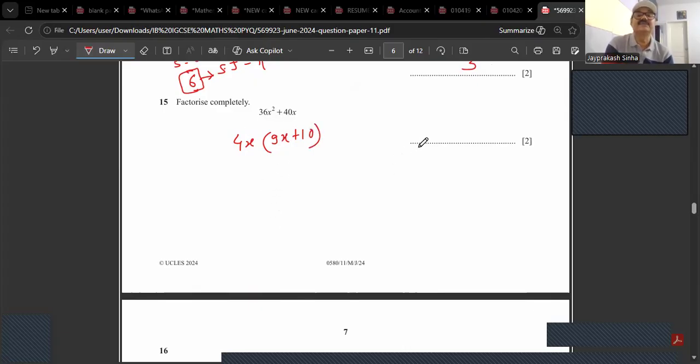So this is the factor. Factorize completely: 4x into 9x plus 10. When we multiply, we will get the same thing. 4x into 9x, 36x square. 4x into 10, 40x. You can check it by doing it in reverse.